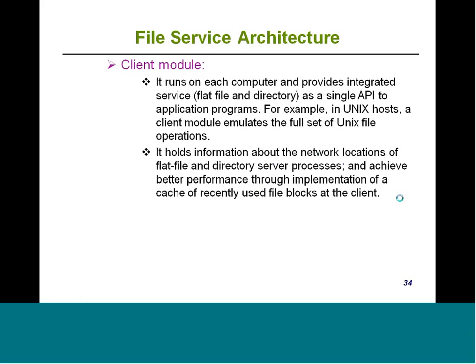So the client module is another piece of the services that we saw in this picture. It runs on each computer and provides an integrated service, or a flat file service, because this service is pretty much the same across all the clients.